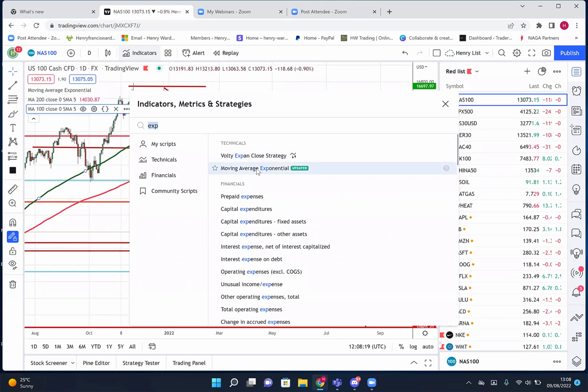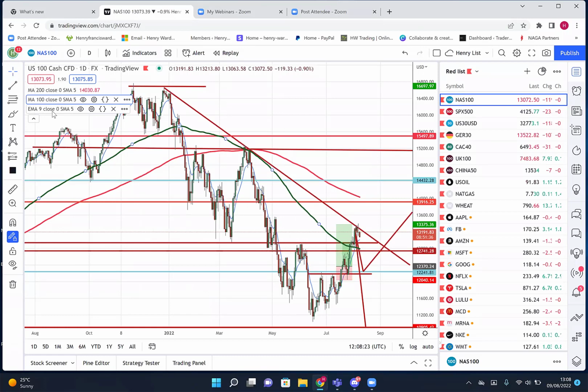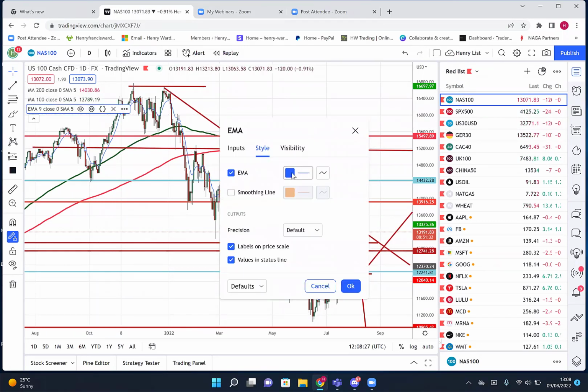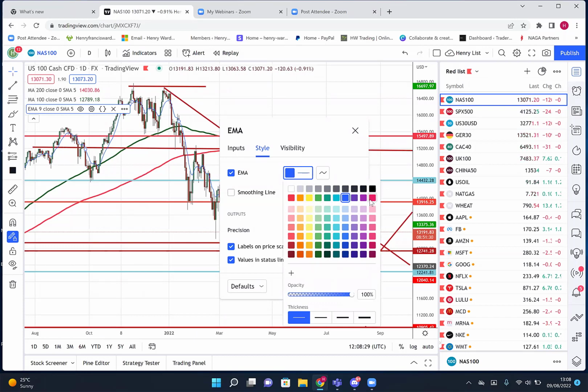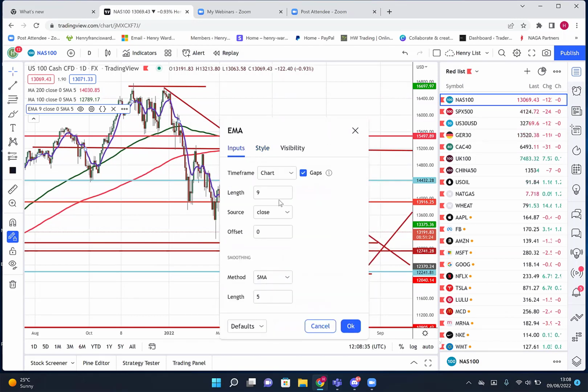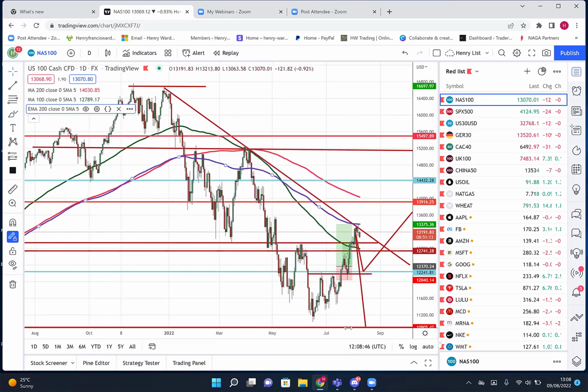Well, let's see the exponential. See if that one is any better. EMA. We'll change that to purple. There we are.